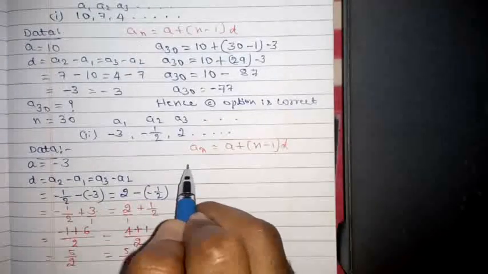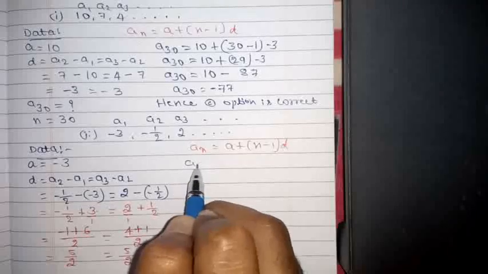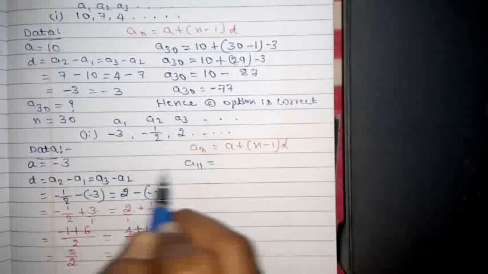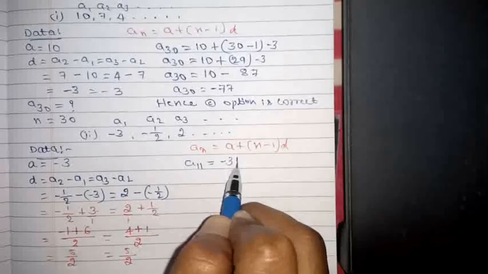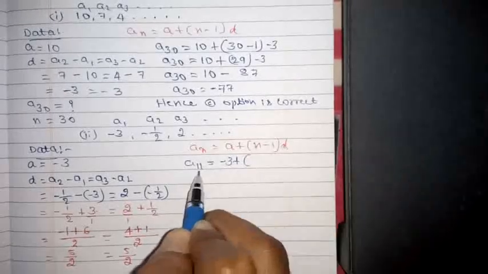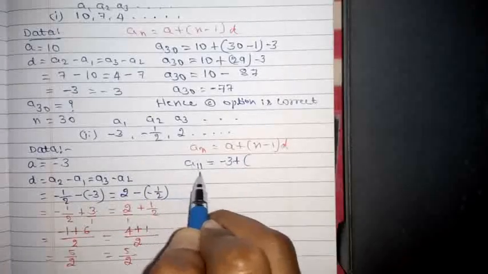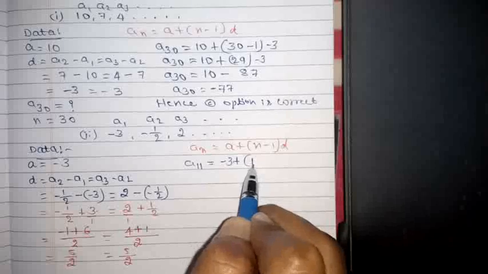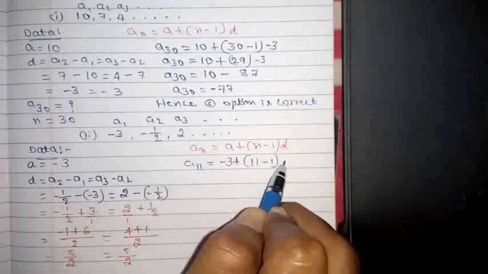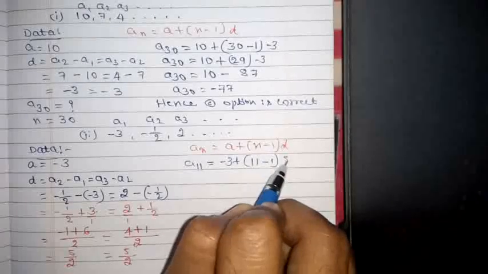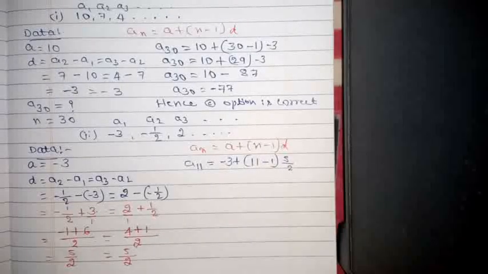Now here you need to find the 11th term, so therefore a11 is equals to, now the value of a is minus 3 plus n, 11th term, so n means how much, 11 minus 1 into d, d is how much, we got the d right here, so it's 5 by 2, right children? So here I will write children the other values.